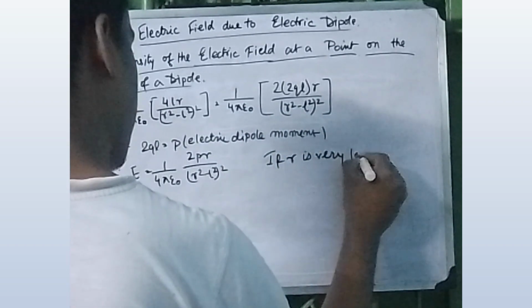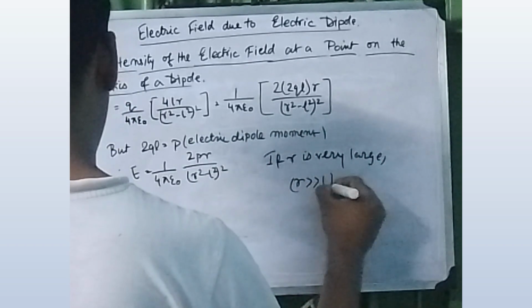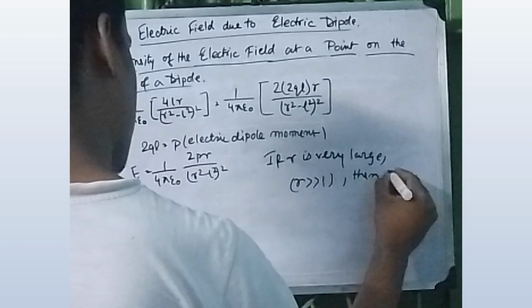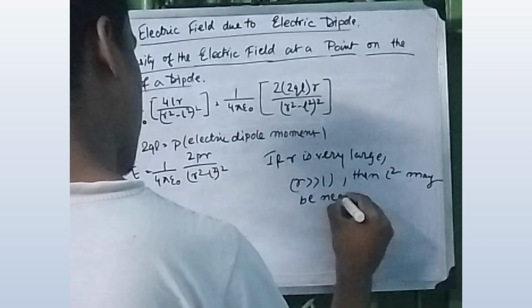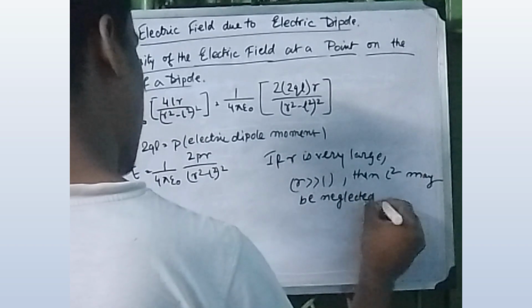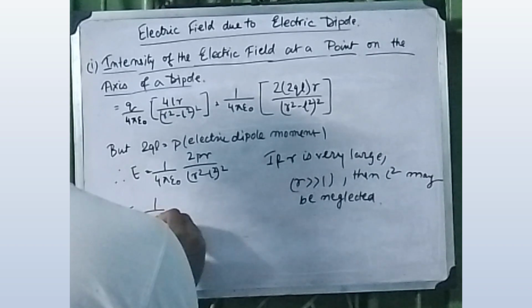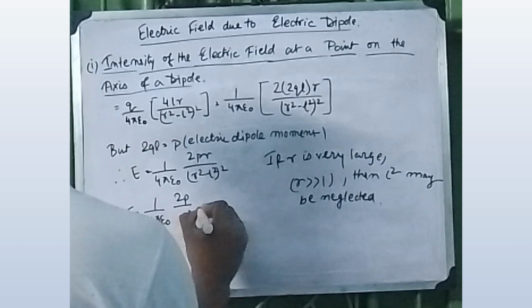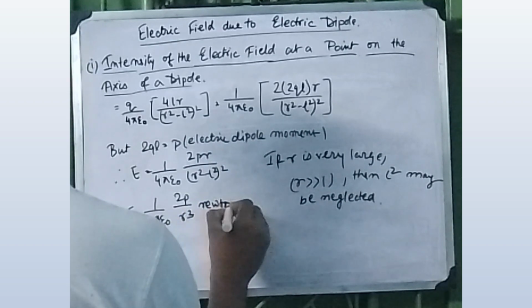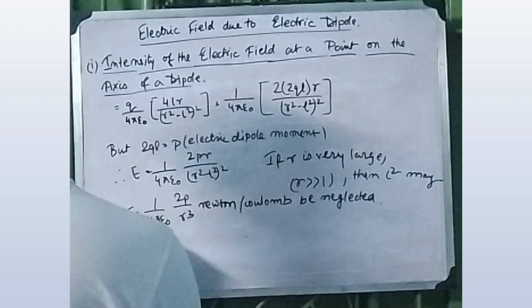In this case r is very large, therefore we can say r is greater than l, then l square may be neglected as r is very large. Therefore, the equation of intensity will be written as E equals 1 by 4 epsilon naught 2p by r cube Newton per coulomb.